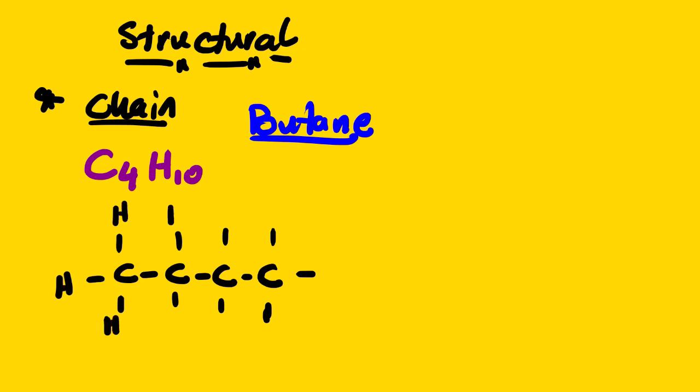Then you can just add the hydrogens. So this is butane, and if we were to draw a skeletal structure for this, we're going to have 1, 2, 3, 4.